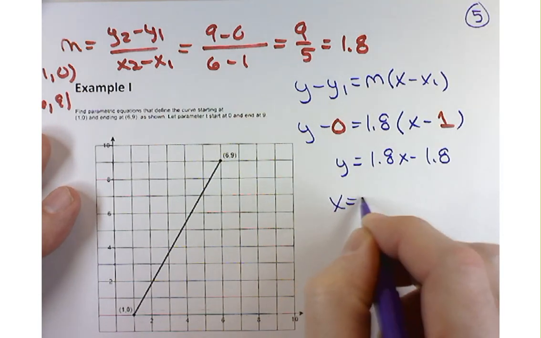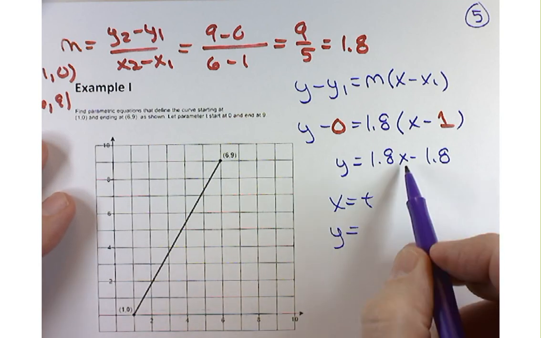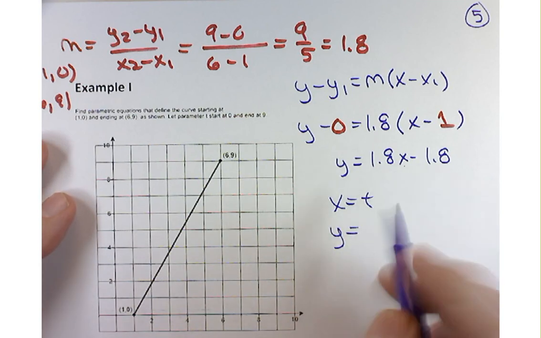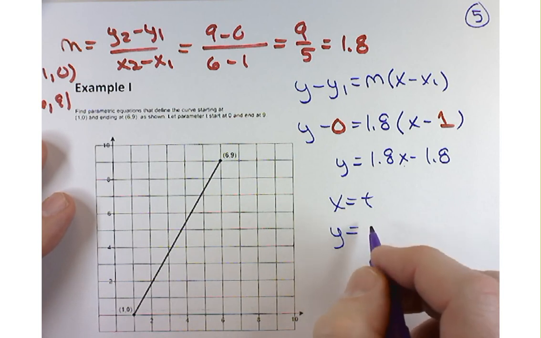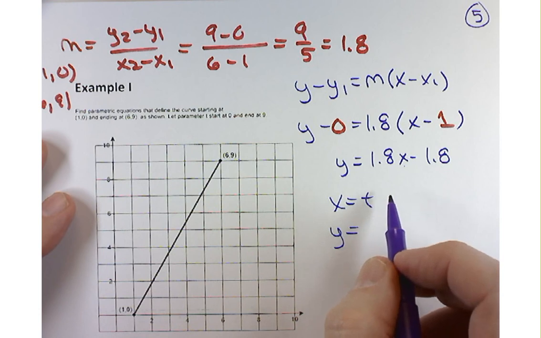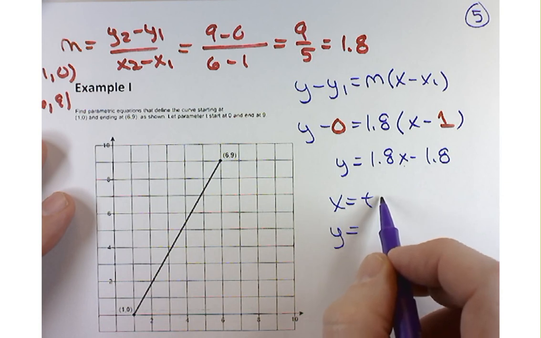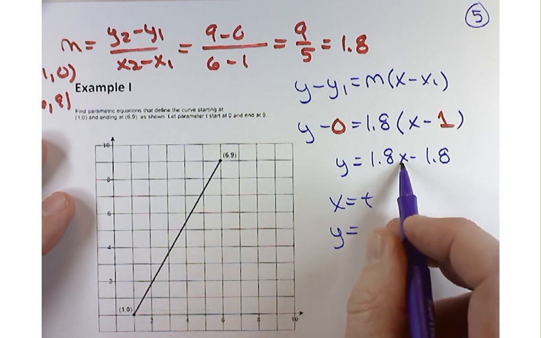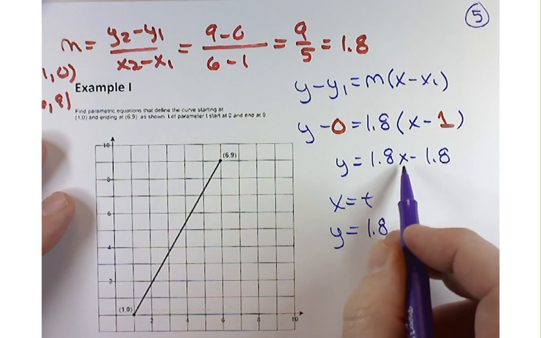Sure, let x equal t. If x is equal to t, what would y have to equal? If x is t, then what does y become? If x is t, then you can replace that in the 1.8x minus 1.8, right?